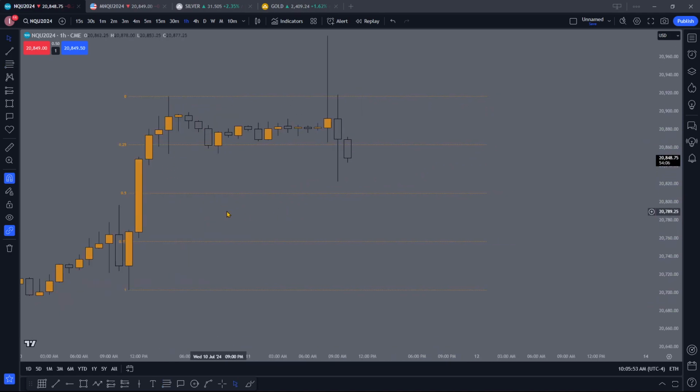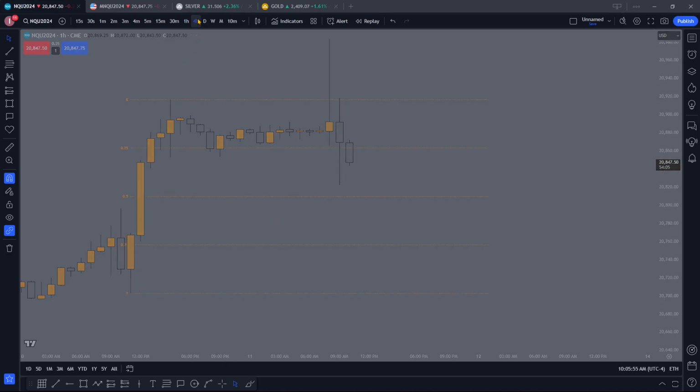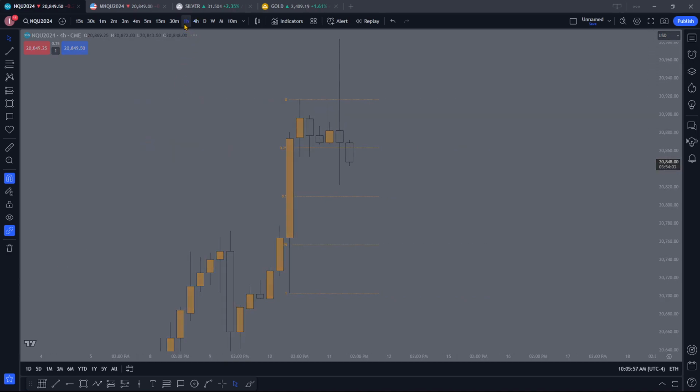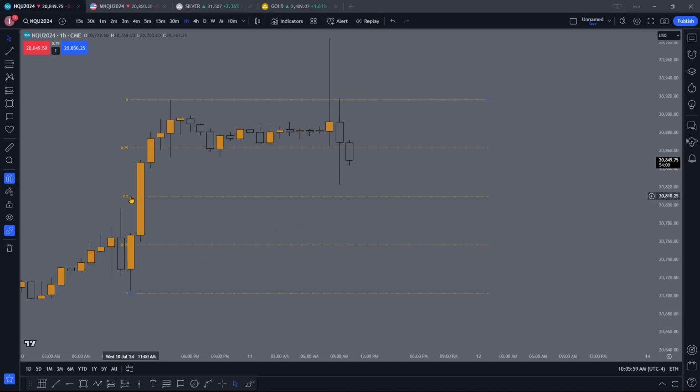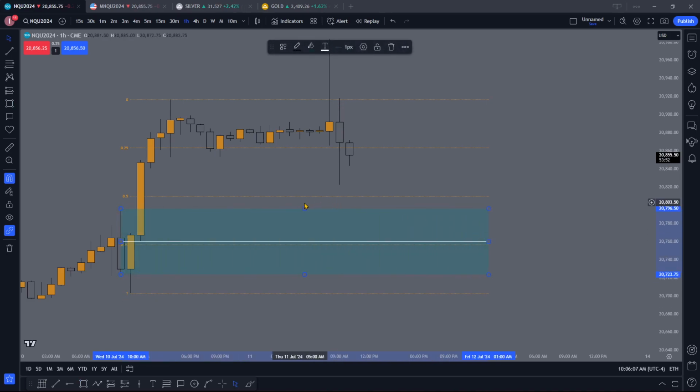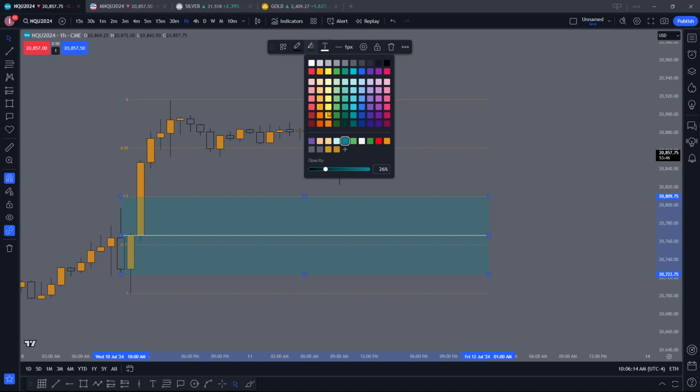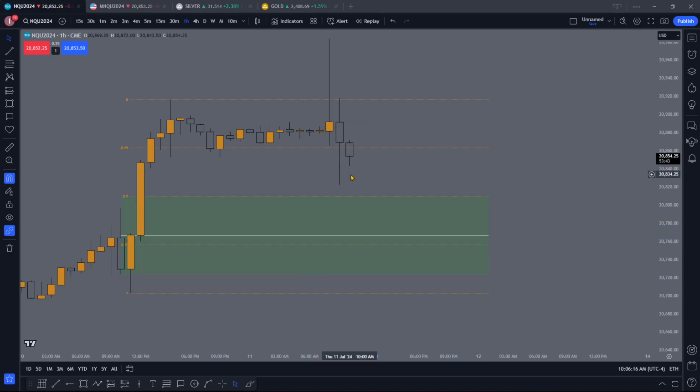So my first area that I would want to see a move back into is, first of all, the equilibrium of this range. Within equilibrium, you can see we have this mitigation block right here, paired with the imbalance right there. So I should just change this color.